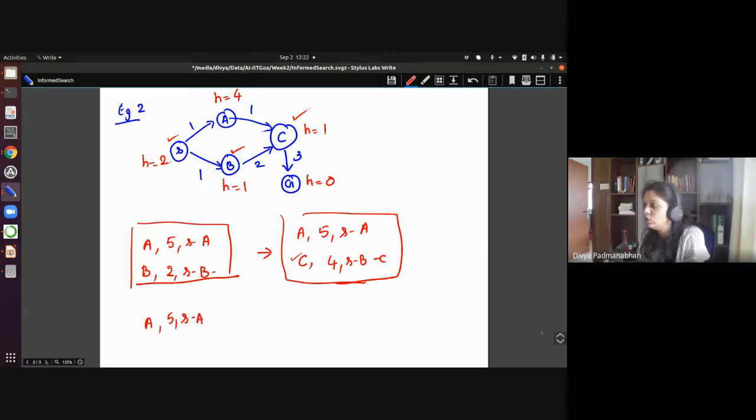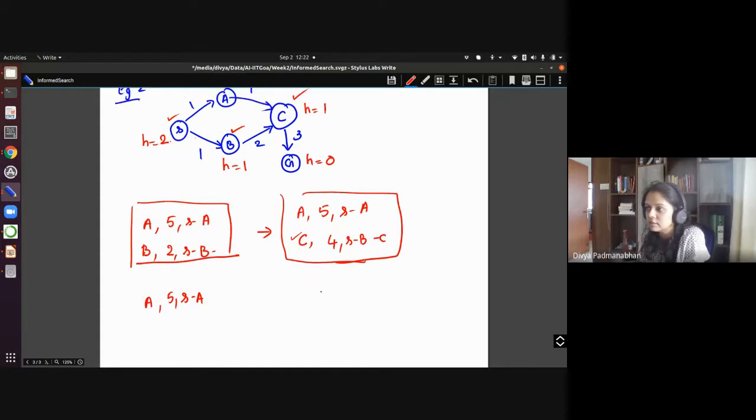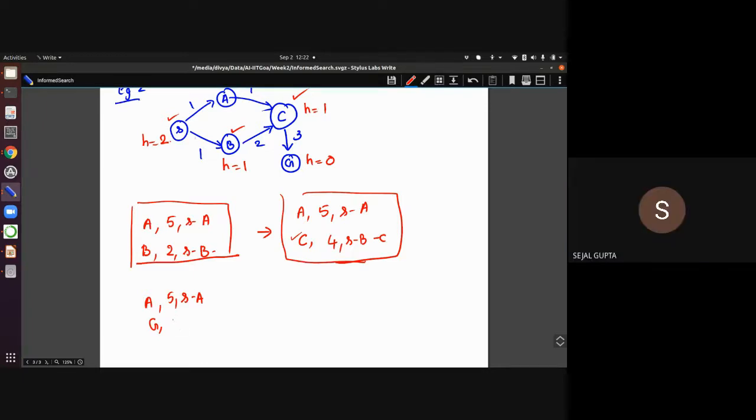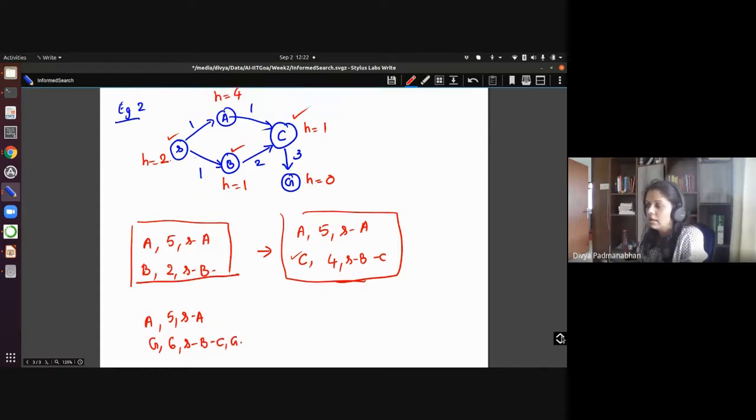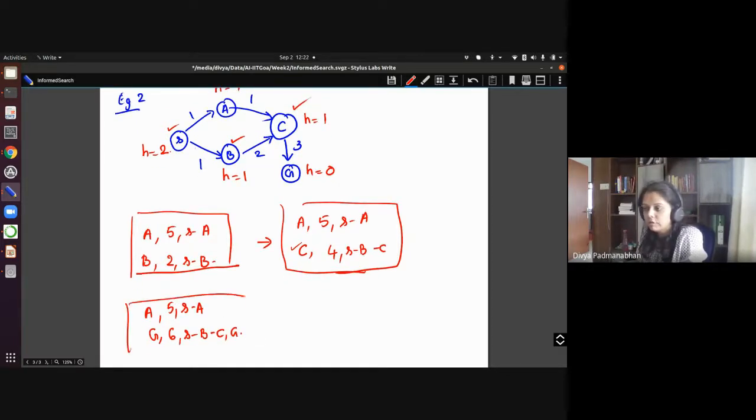The queue is going to have what's next? G, with a priority of 6, and the path is S, B, C, G. Now you're going to remove A, and A is going to get marked as visited.